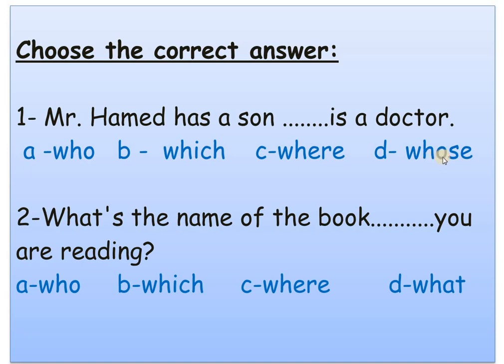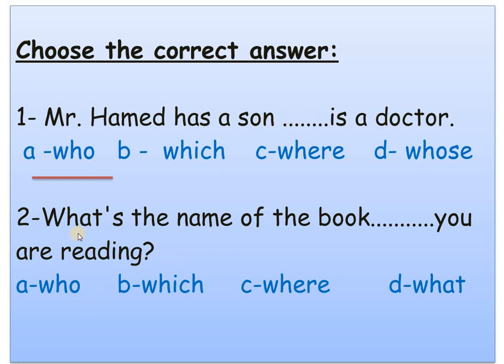If we talk about whose, we learned that after whose we put a noun, but this is a verb, so whose is not right. Where, we use where for places, but this is a son, a person, so we don't use where. Which is for things, but this is a son, a person, so it is not right. So the right word is who. Mr. Hamid has a son who is a doctor.